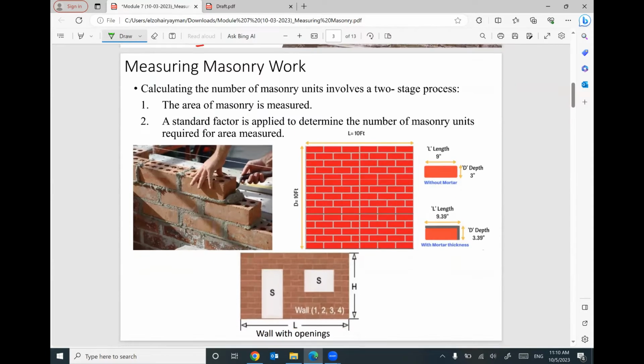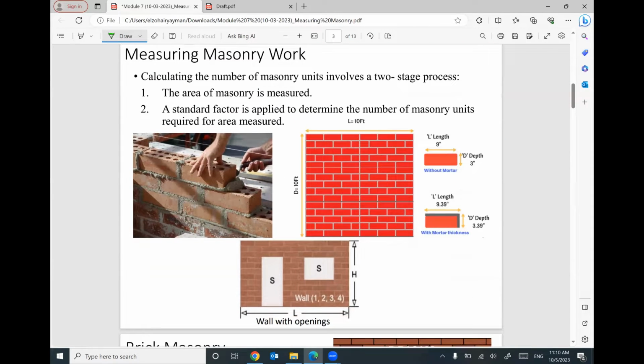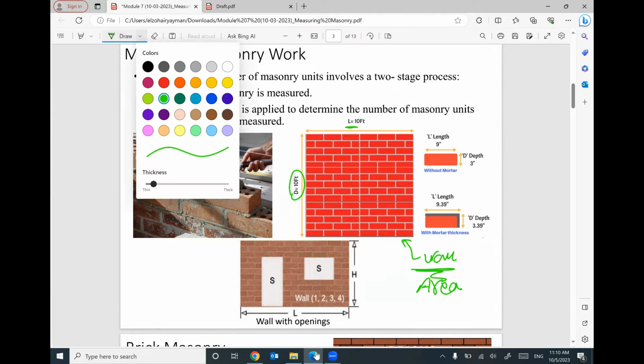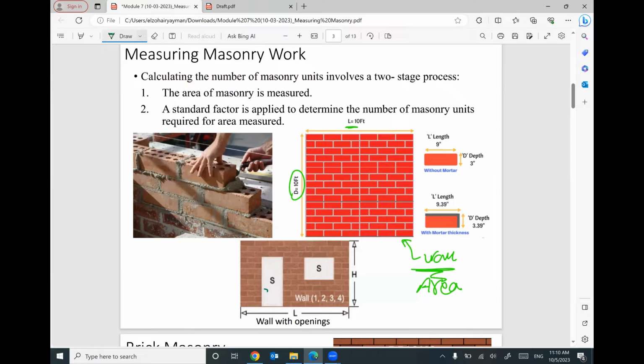As I mentioned before, your brick wall can be solid without any opening. What you need is only to multiply the length and the height of this wall. That's it. You can figure out the area of this wall. Sometimes the wall will contain openings. This opening can be a door or windows.